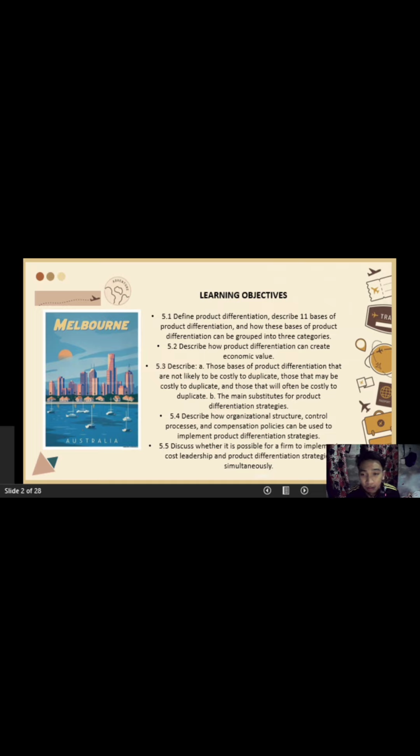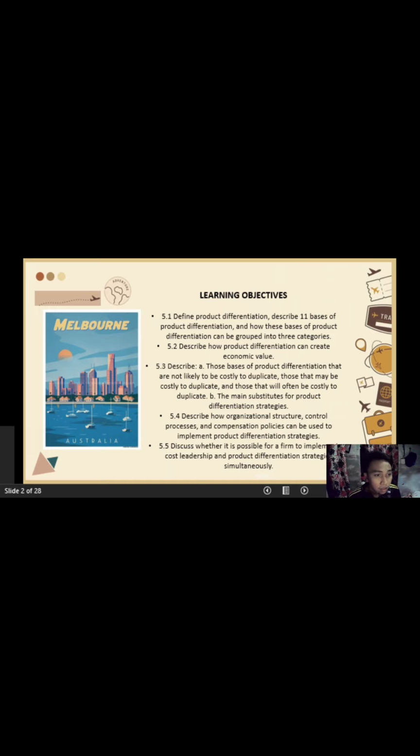So, learning objectives. The listener must know the learning objectives of this discussion. First, define product differentiation, describe 11 bases of product differentiation, and how these bases of product differentiation can be grouped into 3 categories.